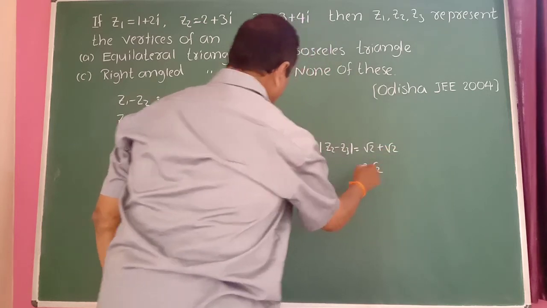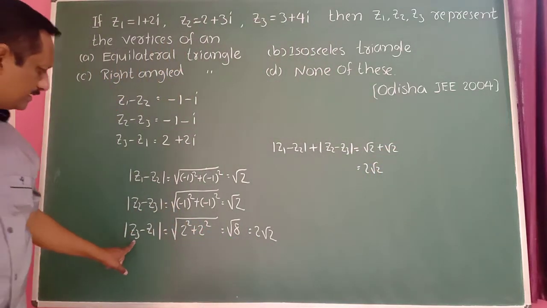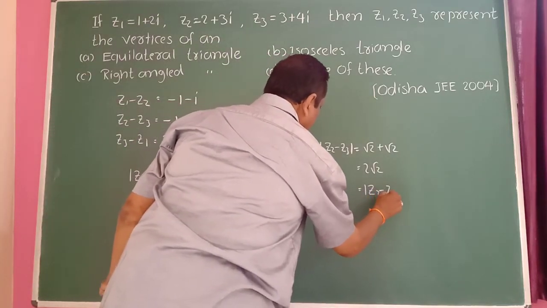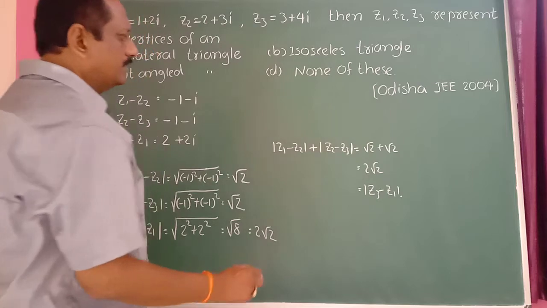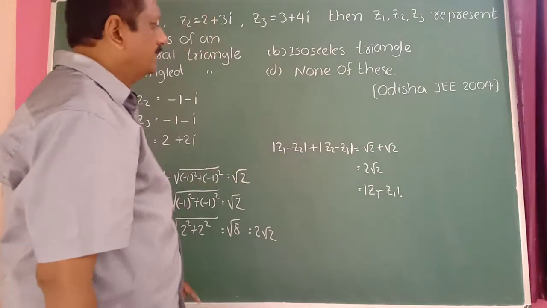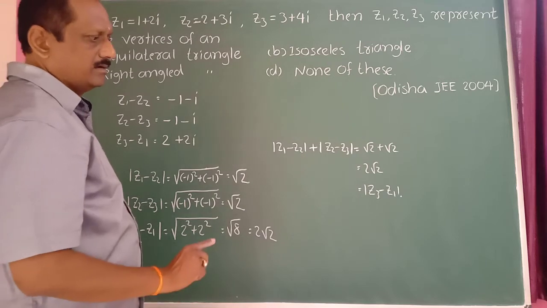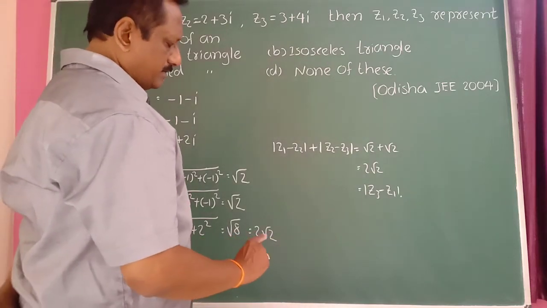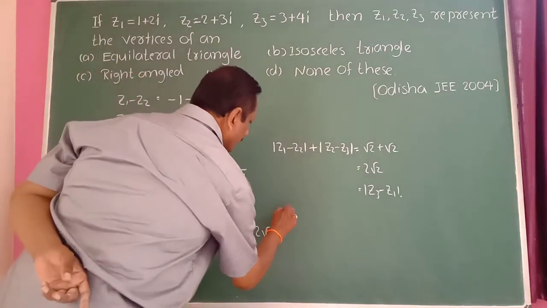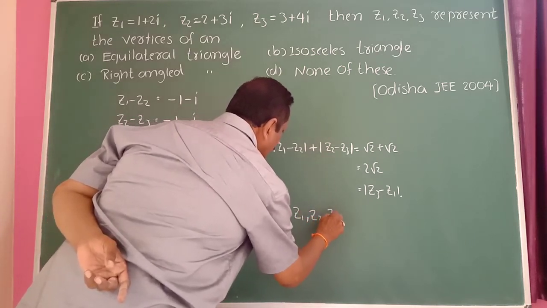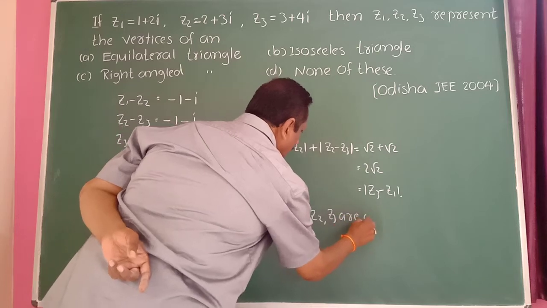But 2 root 2 is the value of modulus of z3 minus z1 here. If this condition is satisfied, then the complex numbers are collinear. Therefore, z1, z2, z3 are collinear.